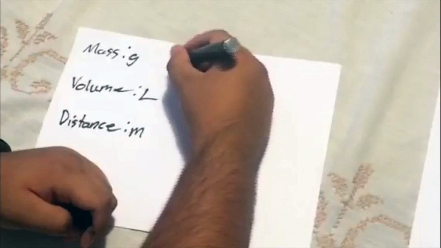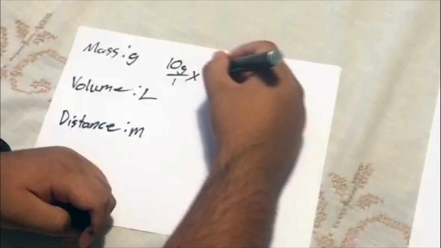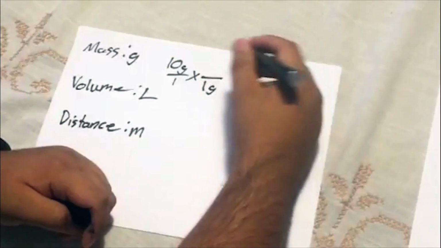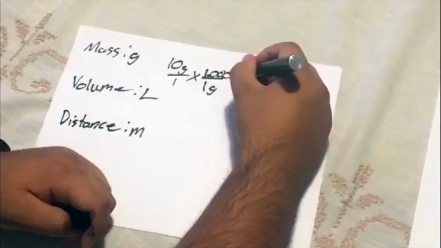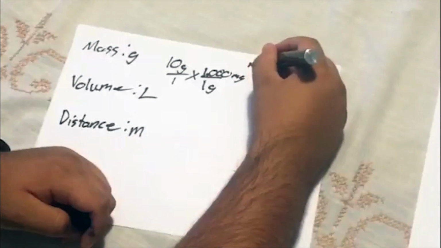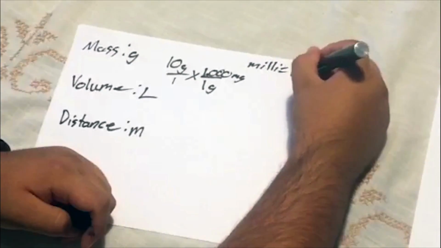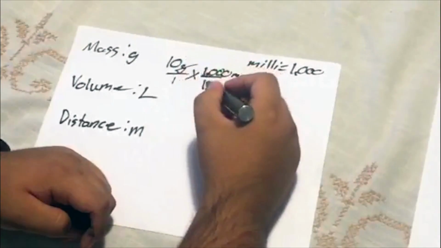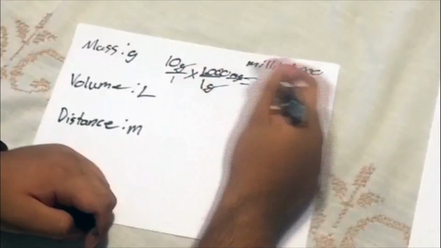If I have 10 grams, I have to remember that 1 gram is equal to 1,000 milligrams, because milli is equal to 1,000. And since I want milligrams, I have to cancel out both grams.